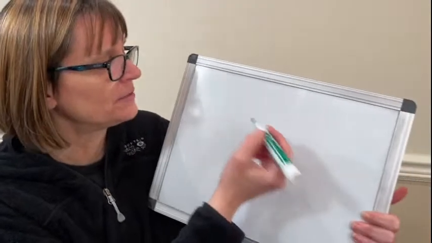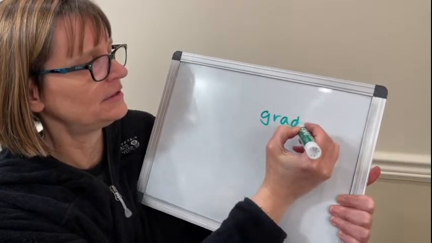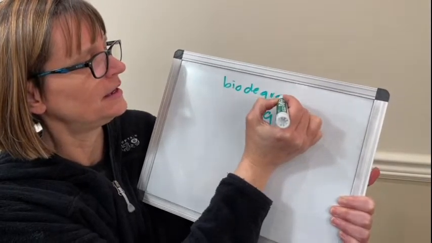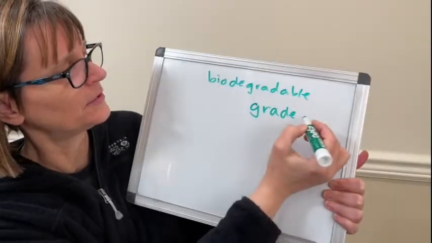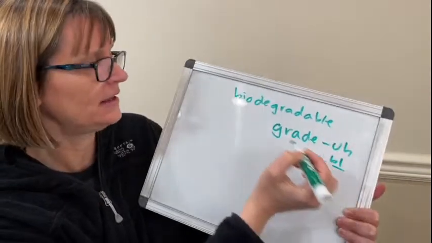Okay. Question about biodegradable materials or containers. So biodegradable is going to be stressed on the grade syllable. Biodegradable, is that the spelling? Sounds like grade, bull, syllabic L at the end.